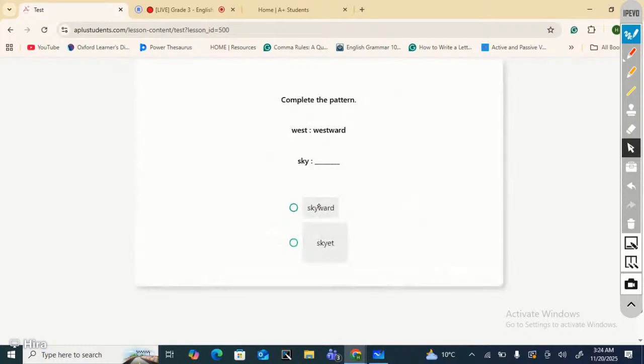Okay. The first pair of analogies: west, westward, sky. Choose the answer.